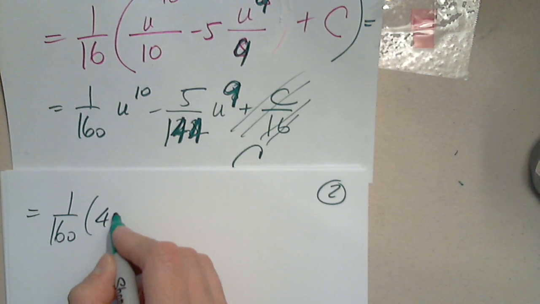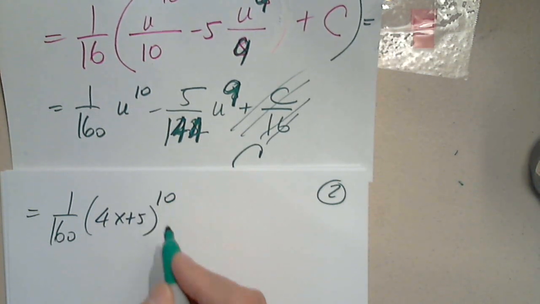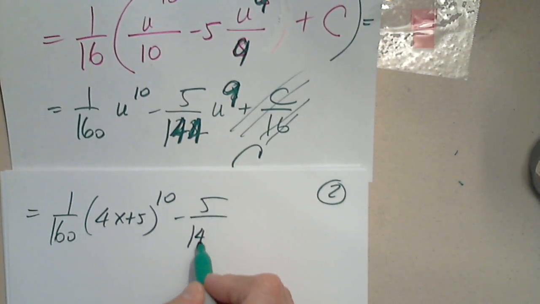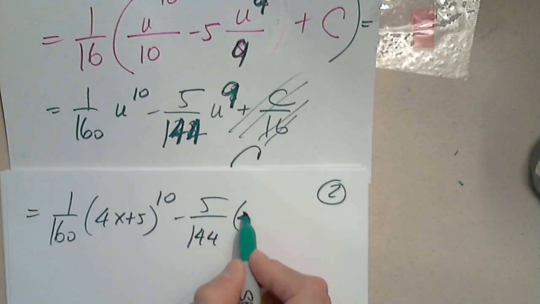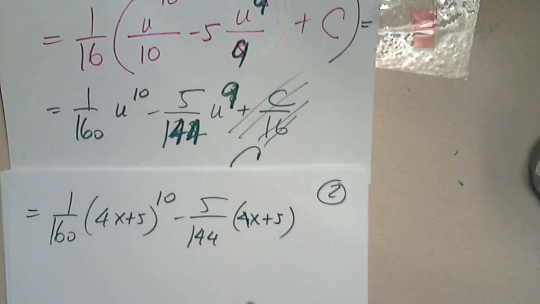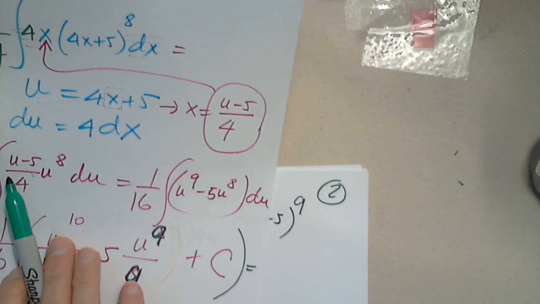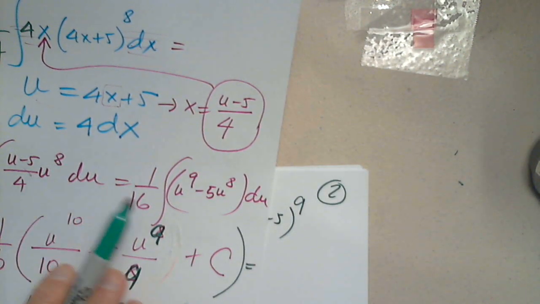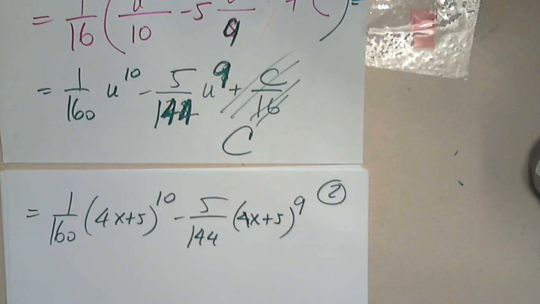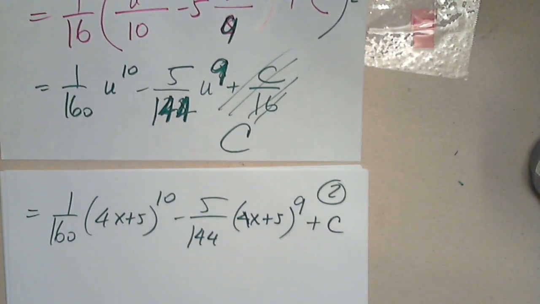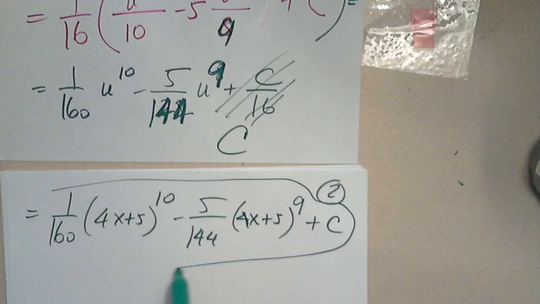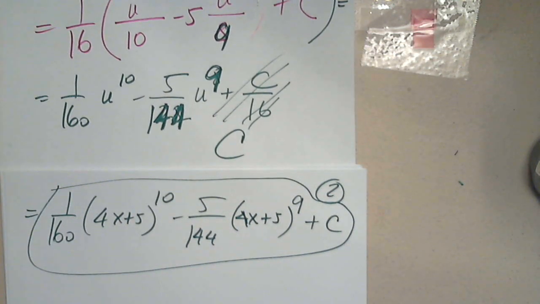So we have (4x plus 5) raised to the 10th minus 5 over 144, (4x plus 5) to the 9th. And I'm checking everything. So this was 9, so it's 10, and this was 8, so it's 9. Yes, correct. Sorry about that. And then plus a constant c. And you can always go back and check.